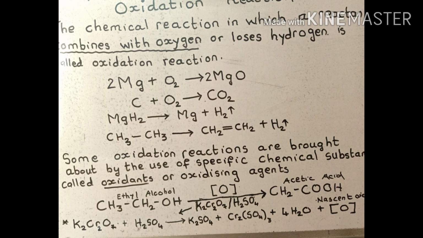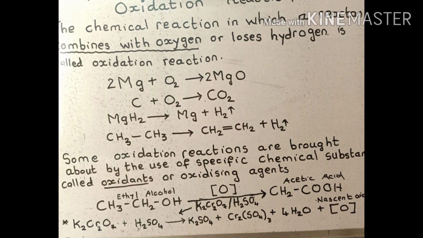We learned the definition of oxidation: oxidation is a reaction in which a reactant gains oxygen or loses hydrogen. So by definition, this third reaction is also an oxidation reaction. Magnesium hydride loses hydrogen. You can see on the right hand side that hydrogen gas is liberated. So it's a very good example of an oxidation reaction.